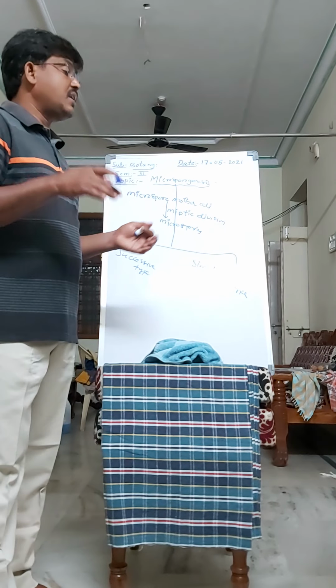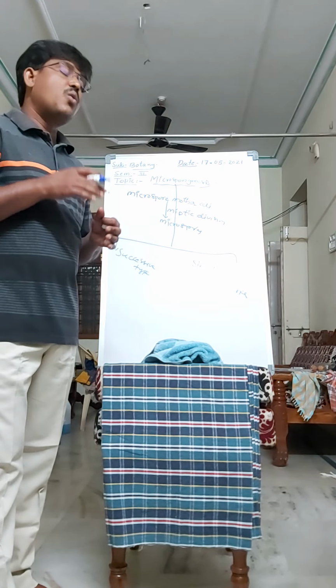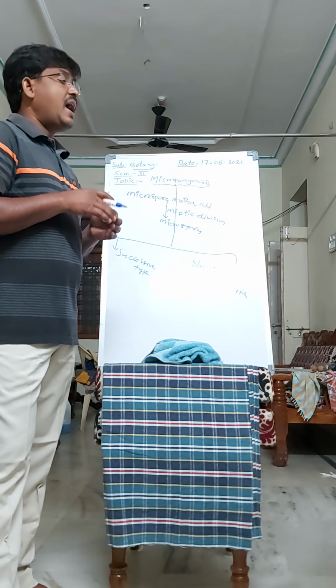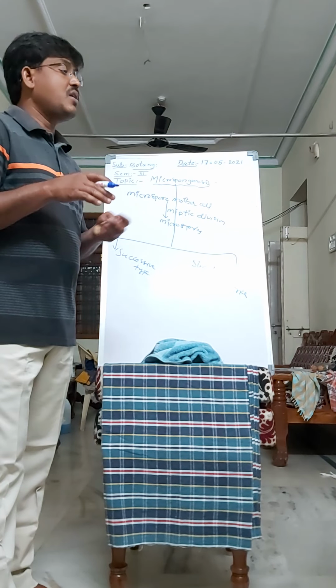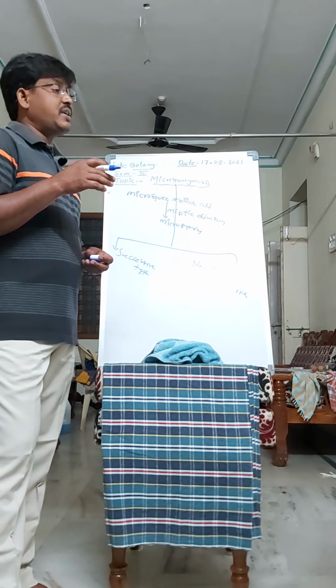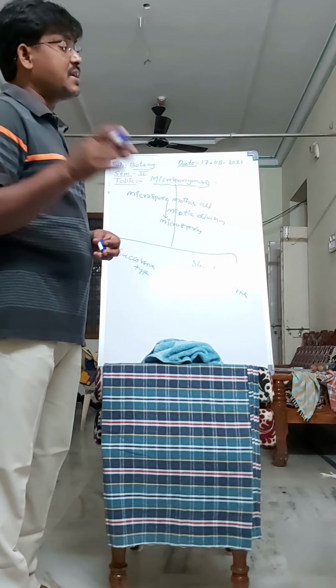The four daughter cells form an isobilateral tetrad.